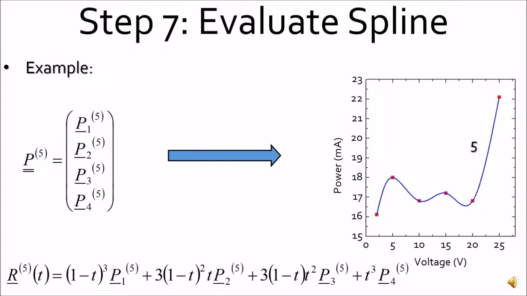T isn't very useful there. T is basically an intermediate step to evaluate a coordinate. So if you are very interested in the value of power at a voltage of 7.5, you may have to recursively look through R or something like that. It depends exactly on your implementation, but that's one way of doing it.